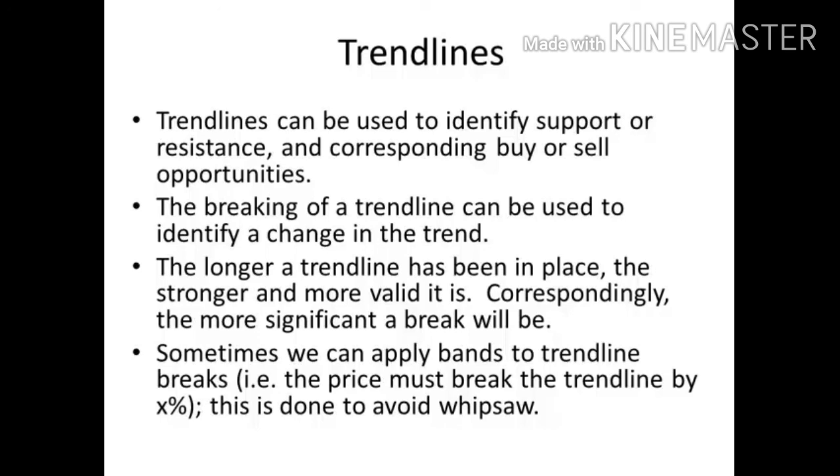And this is done to avoid whipsaw, and we've talked about whipsaw before. If the price, for example, is moving fairly close to the trend line and it's kind of going up and down through it, that doesn't necessarily constitute a good signal, right? So in order to see a trend line break, we may want to see the price move at least a certain percentage away from the trend line in order to identify a break.